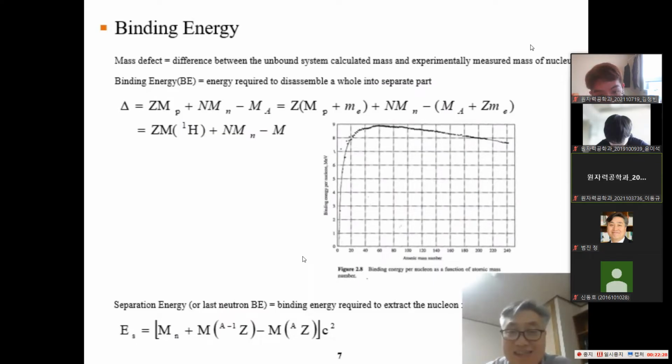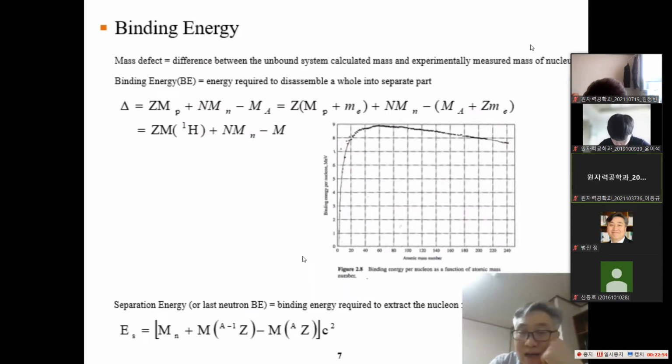This curve shows the peak appears somewhere around 56. 56 means iron. So the binding energy per nucleon of iron is the largest.